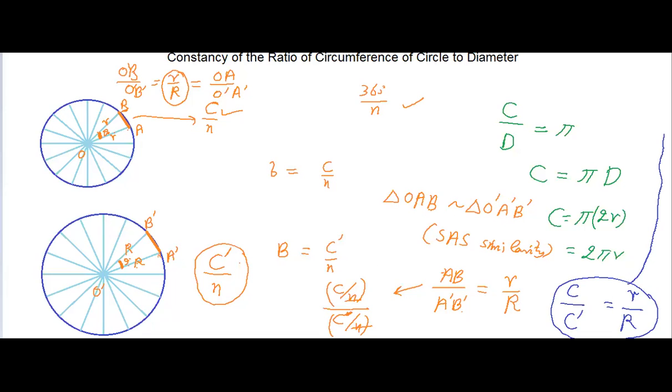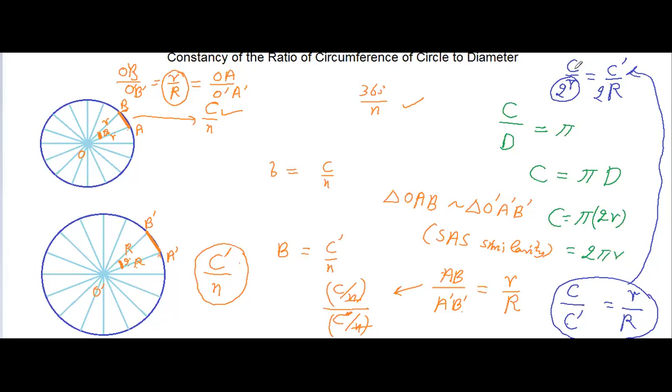And from this we get the result. If we take small r below the C and take C dash above the capital R, we can write the ratio like this. If we multiply the denominator by 2, twice r is the diameter.